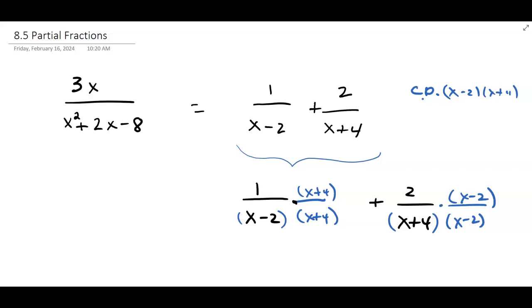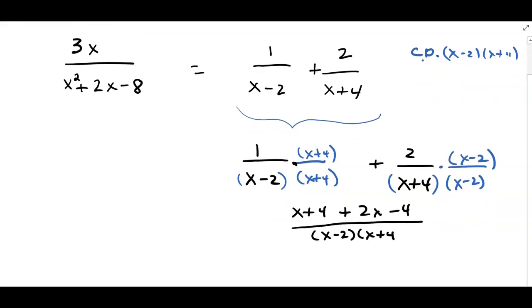Then I work it out: x plus 4 times 1 is x plus 4, plus 2x minus 4, all over x minus 2, x plus 4. So that would give me 3x over x squared plus 2x minus 8.